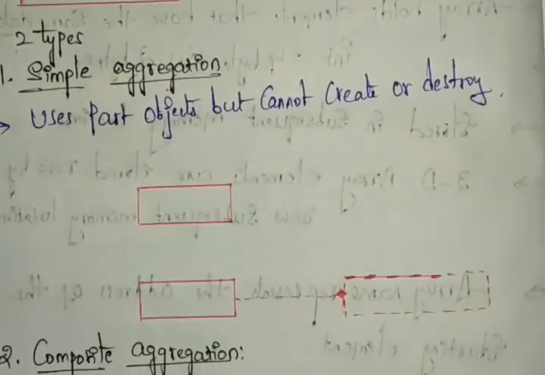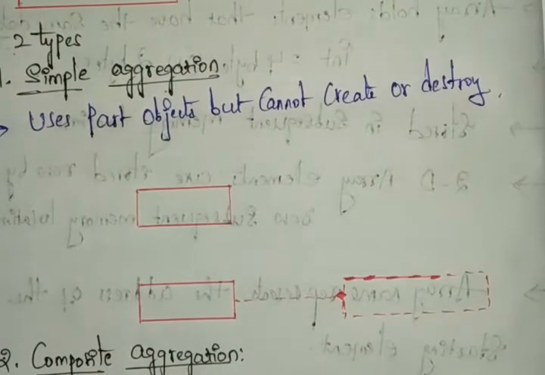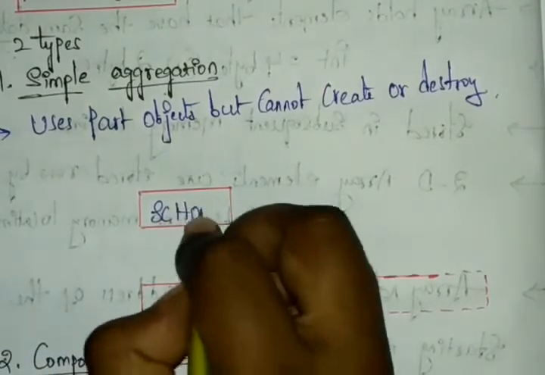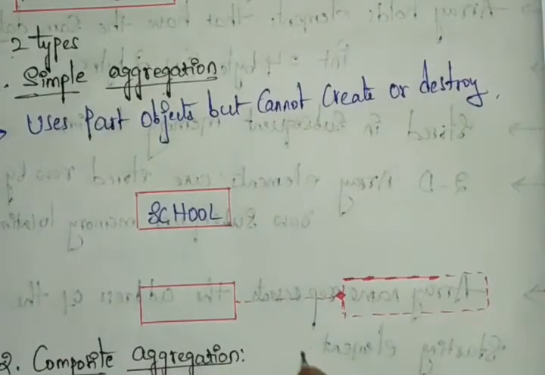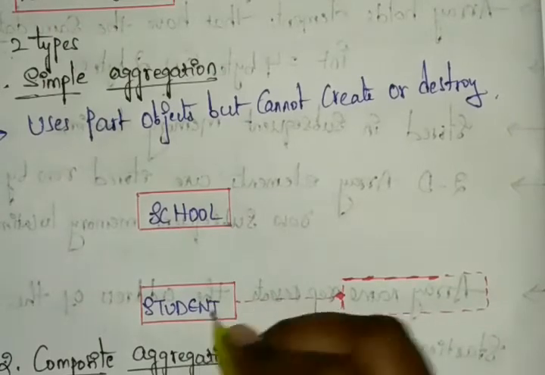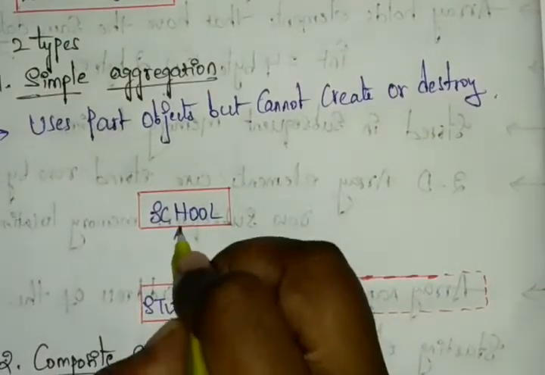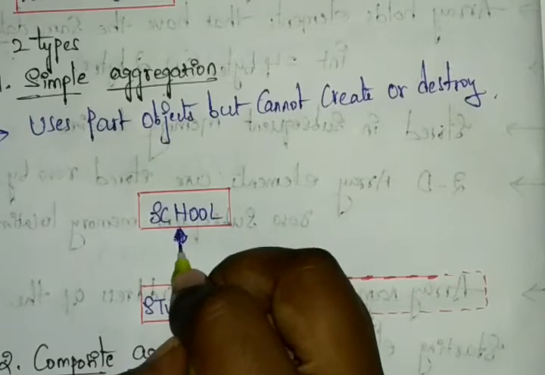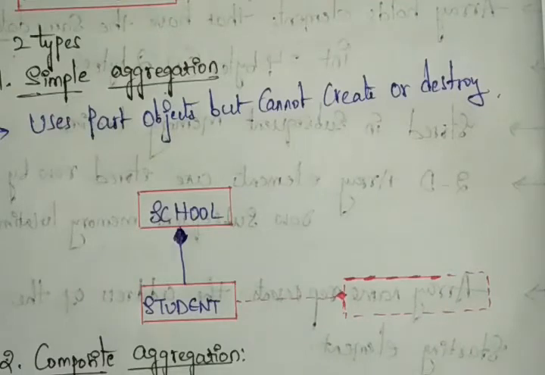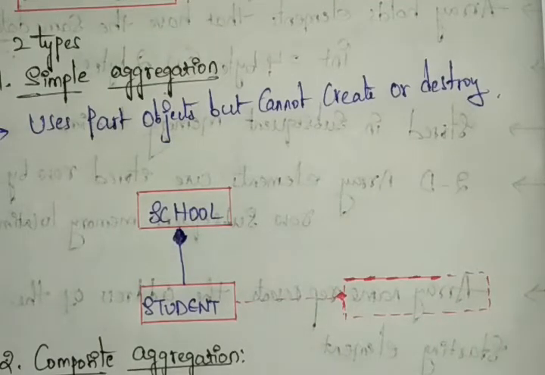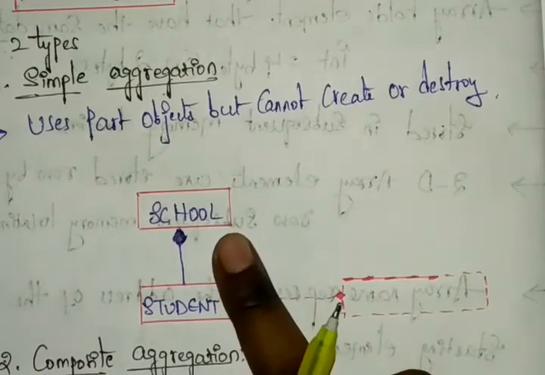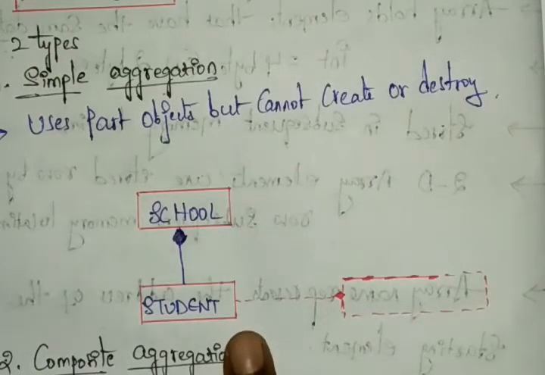I'm taking one example, and this example is a school. In the school, we have the student. In this relationship between student and school, we have a relationship between objects: school is one object and student is another object.